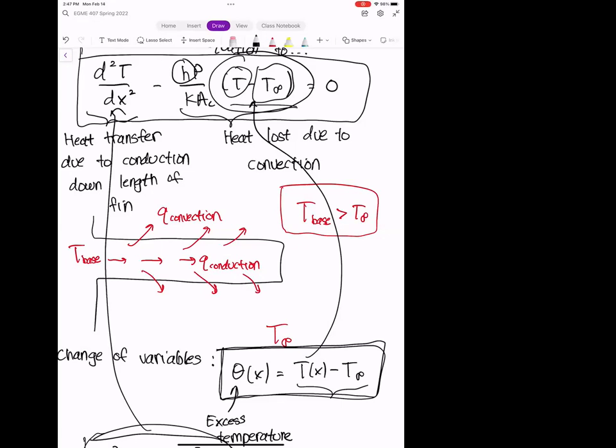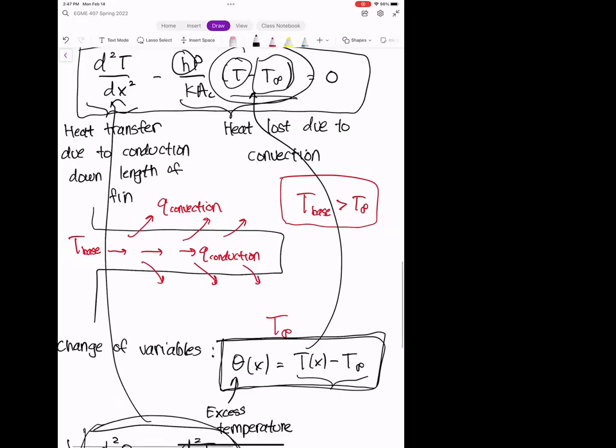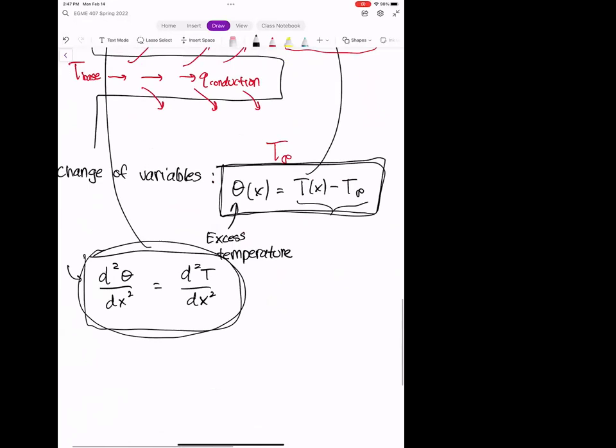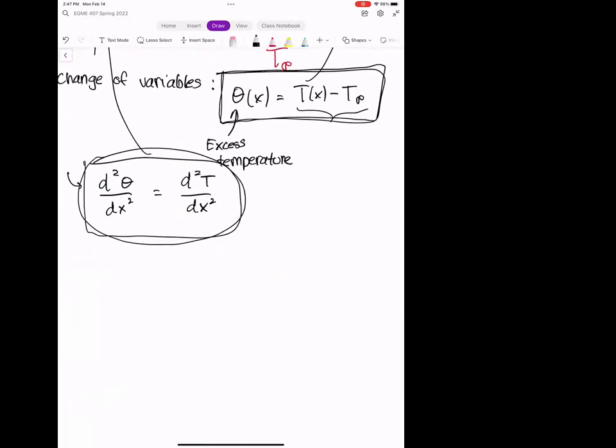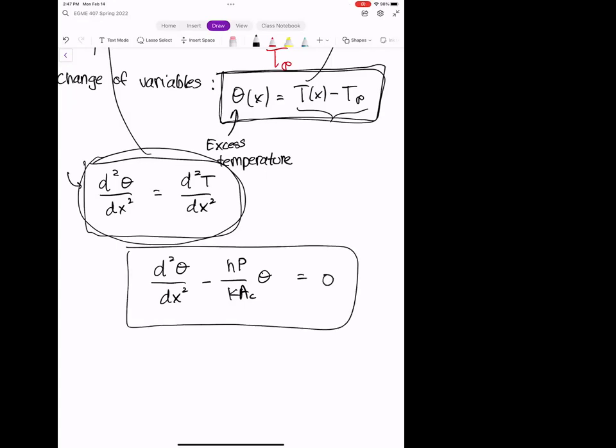Once we do that, we're left with the final form of this equation, the one we're going to end up solving: d squared theta dx squared minus h P divided by k A_c times theta is equal to 0. We'll call this our fin equation for a constant cross-sectional area.